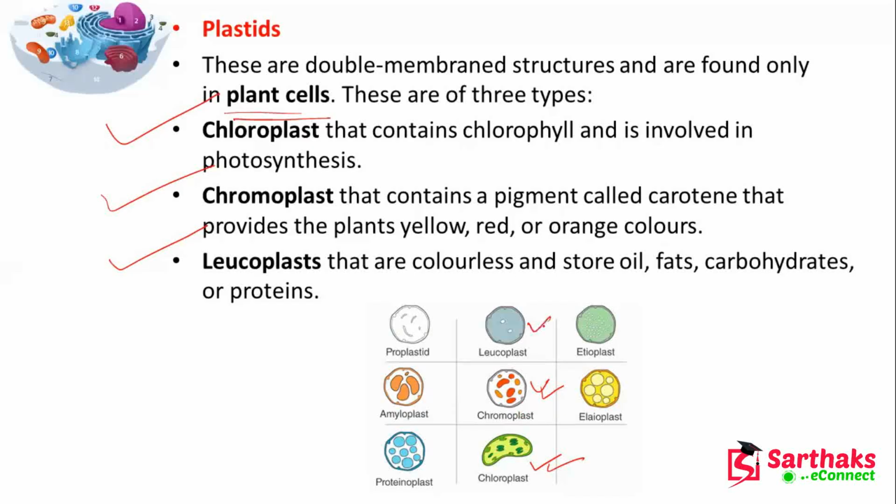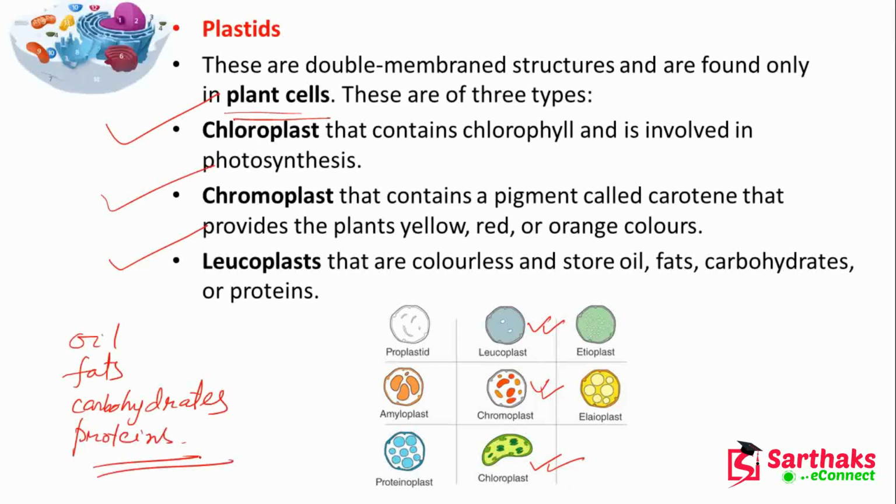Leucoplasts are colorless and store oils, fats, carbohydrates and proteins. So these are the main types of plant plastids.